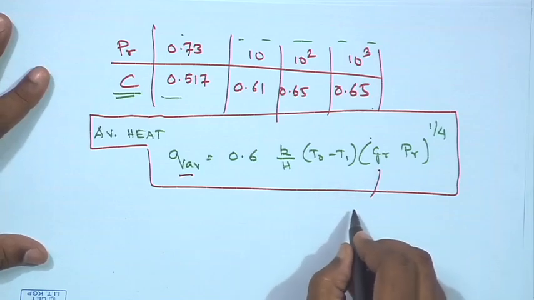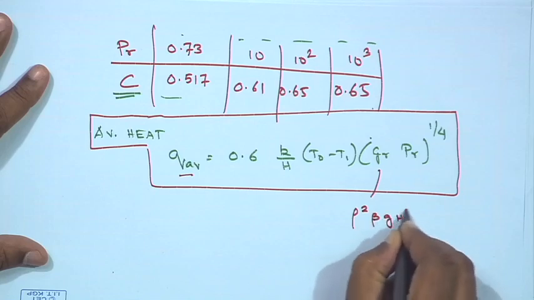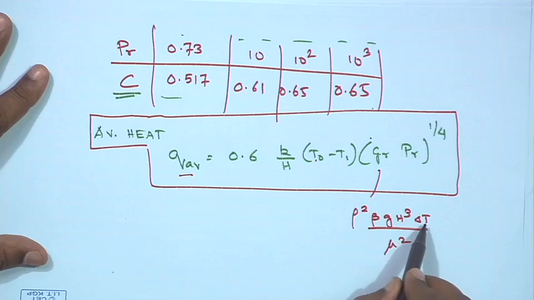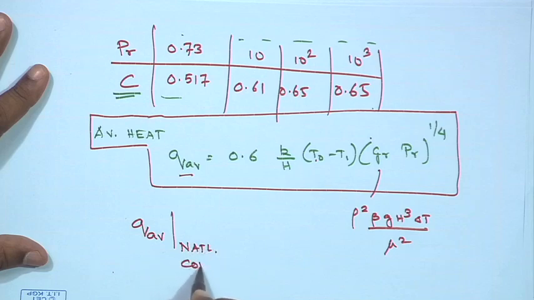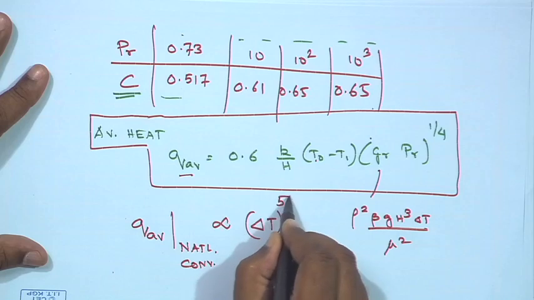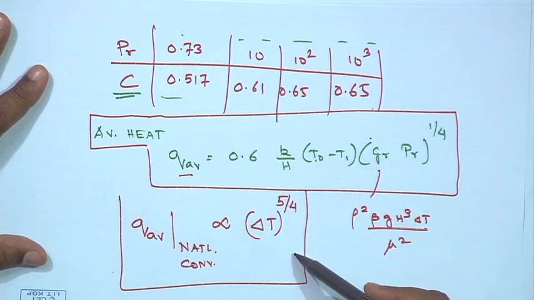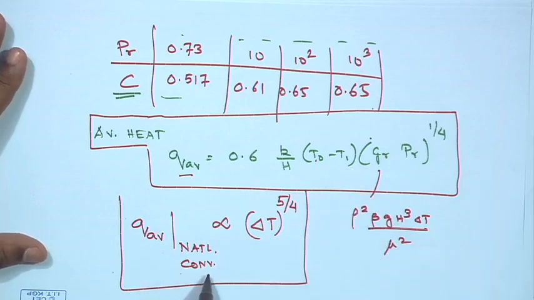Since by definition your Grashof number contains delta T in this form, this delta T and this delta T essentially tell you that the Q in natural convection is proportional to delta T to the power 5 by 4. This is also a relation which directly follows from this expression and which has been widely cited for the analysis of natural convection.